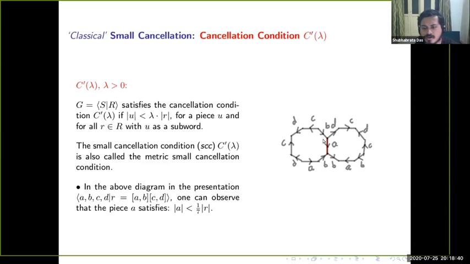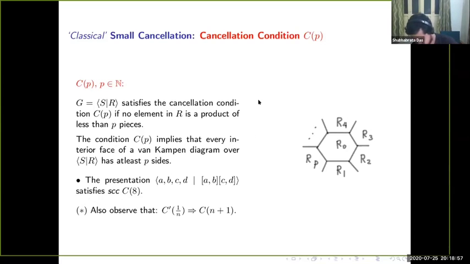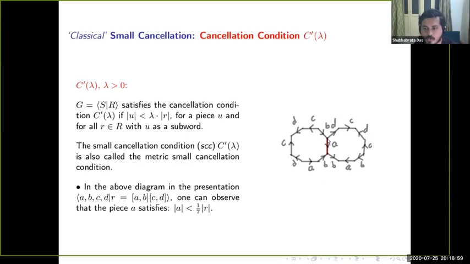In this example they can overlap only along either A or B or C or D. The length of the relator is 8 and the length of a piece is 1, so clearly this presentation satisfies the small cancellation condition C prime 1 by 7.